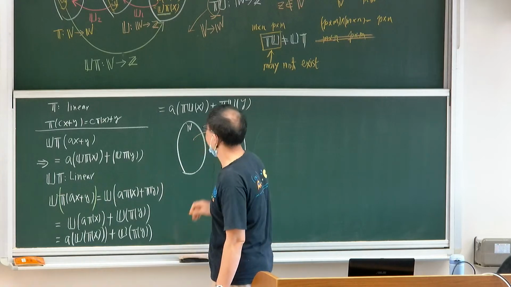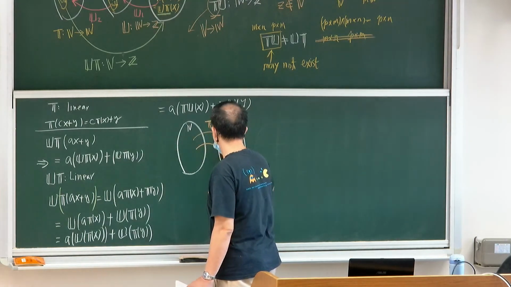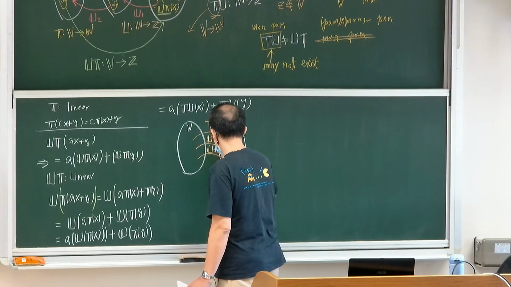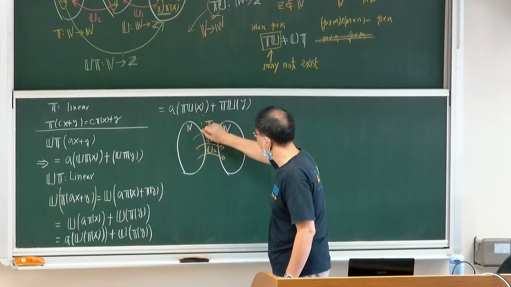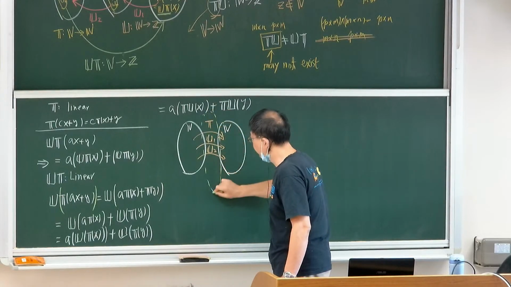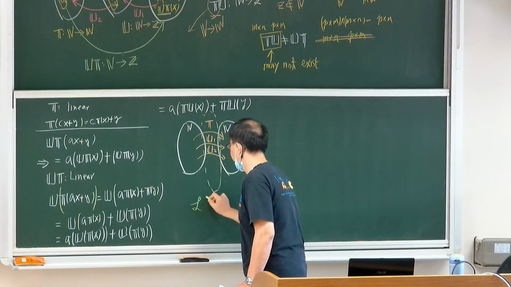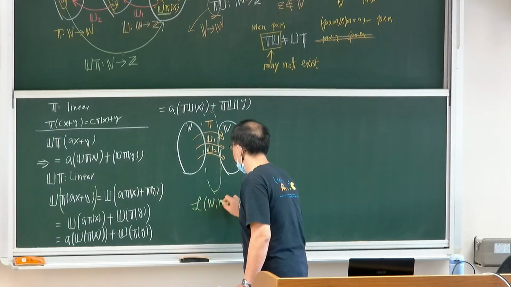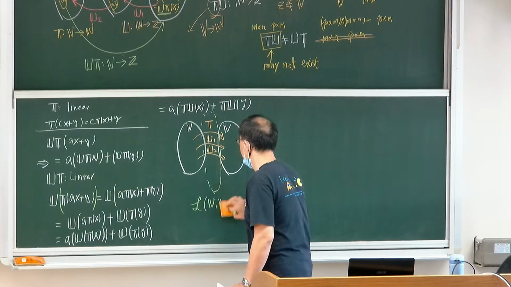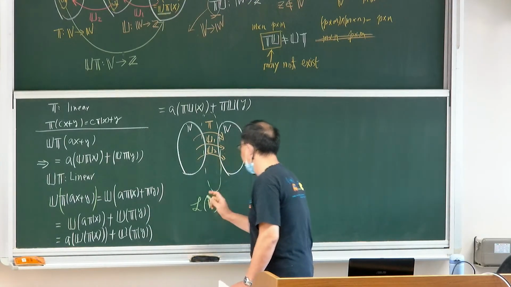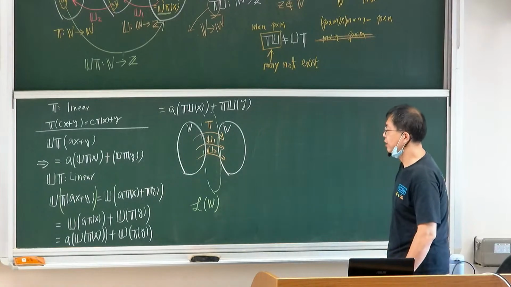For example, it has T, it has U1, it has U2. So in fact, these linear transformations form a vector space from V to V, and we can just briefly express it.